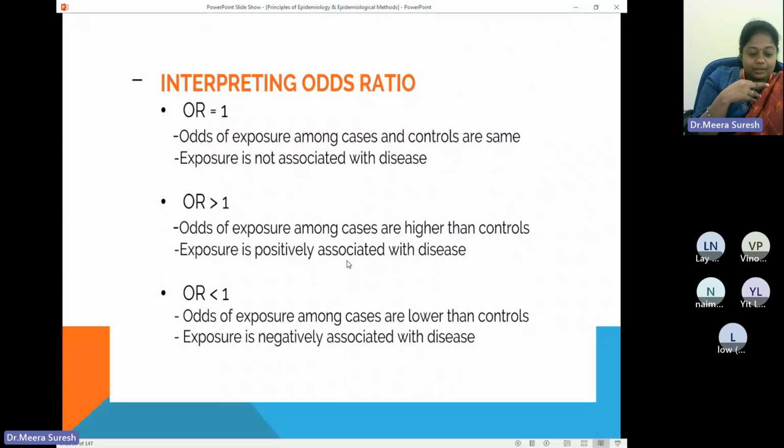This was seen in this, and among that he told that the people who are doing exercises, exercise also seems to have a positive effect. Positive effect in the sense of a protective effect on CHD.